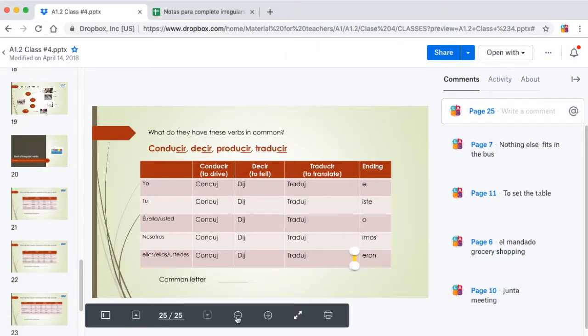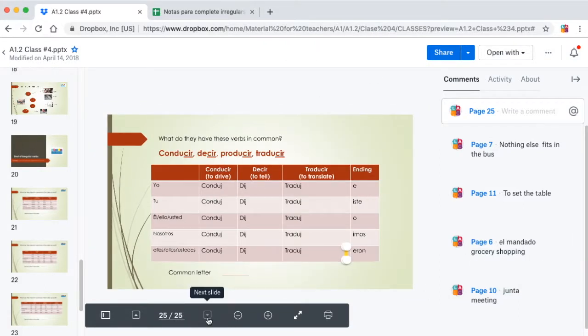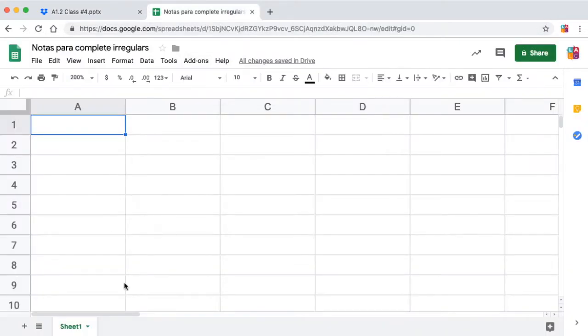So let's do the next one also, that I didn't put in here, but I'm going to put in here: traer. Traer means to bring. Bring is important in my opinion. Everything that ends in aer, from now on, also changes to that J that I was talking to you about.